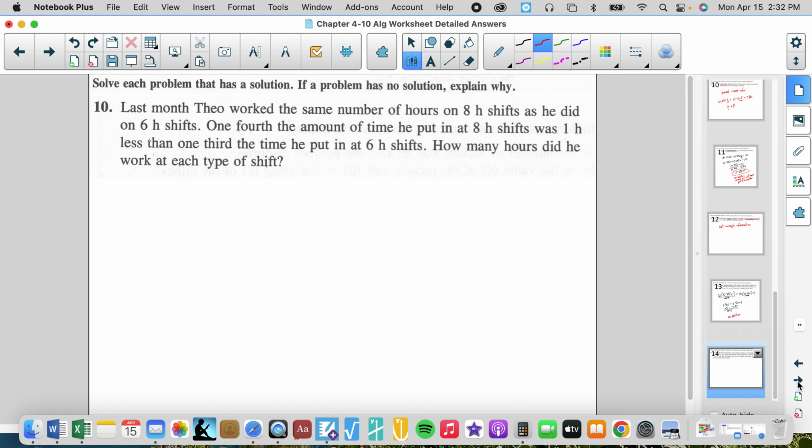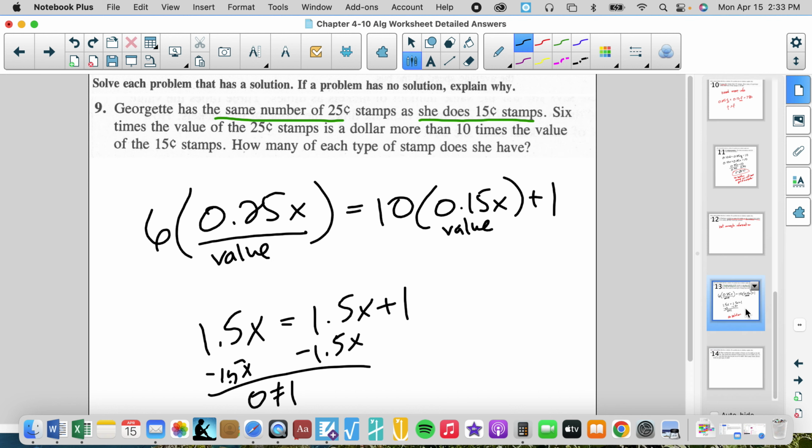And last one. Last month, Theo worked the same number of hours on 8-hour shifts as he did on 6-hour shifts. 1/4 of the amount of time he put in at 8-hour shifts was 1 hour less than 1/3 of the time he put in at 6-hour shifts. I hope I added the 1 in the right place, going back to the 6 times the value is $1 more. Yeah, that was right.